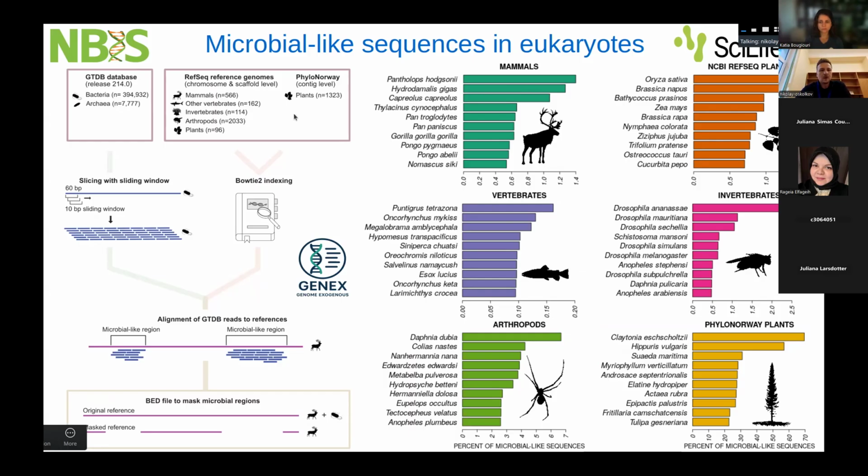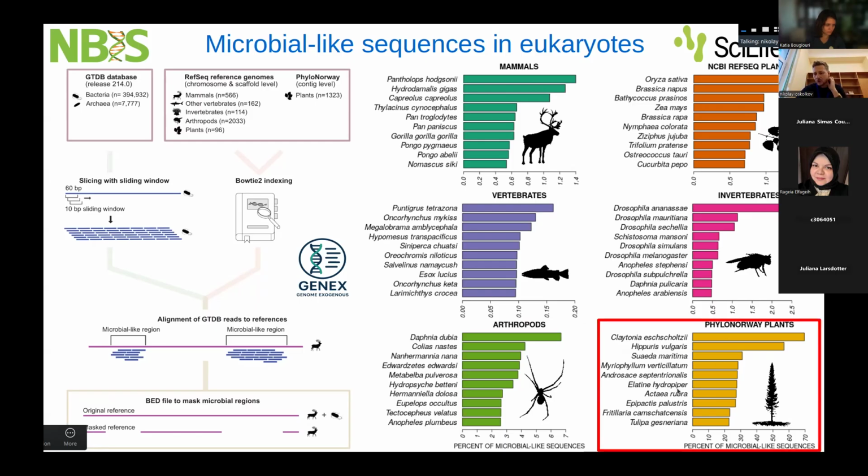What we found overall is that in the worst case, like this antelope, for example, it had maybe 1.5% contaminated, or what we call microbial-like sequences, but it's probably not a big deal.